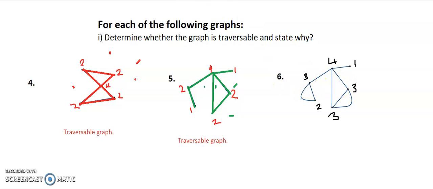I'm going to start off over here. Now, I'm here, and I need to somehow go over all edges, but I'm always going to miss one. I can go back, and I can try again, but I'm still going to miss one of my edges. So I know it is a non-traversable graph.